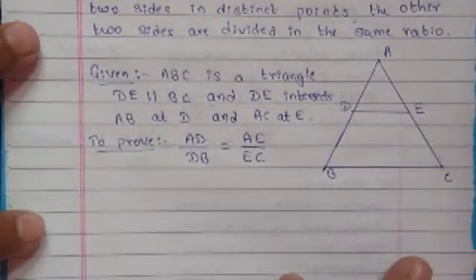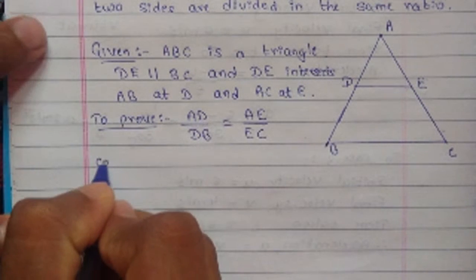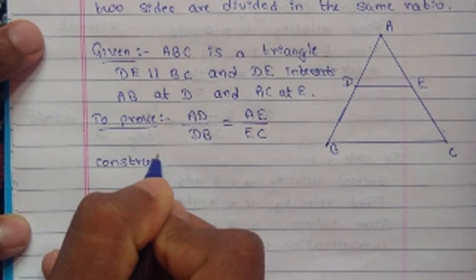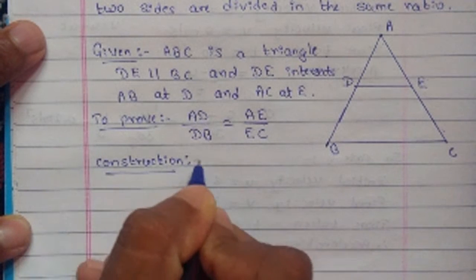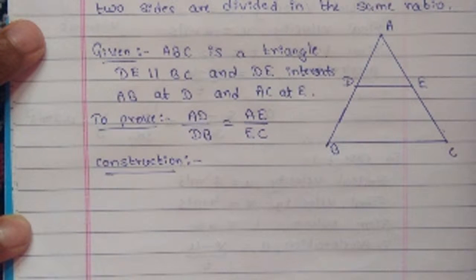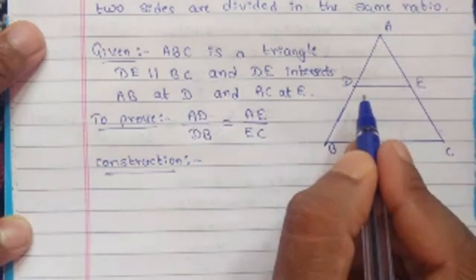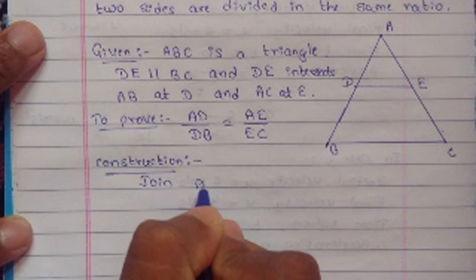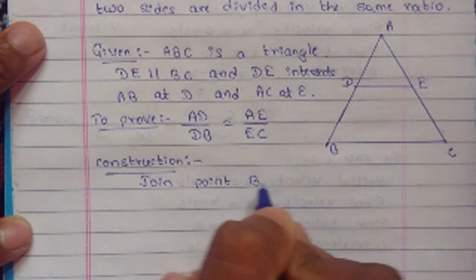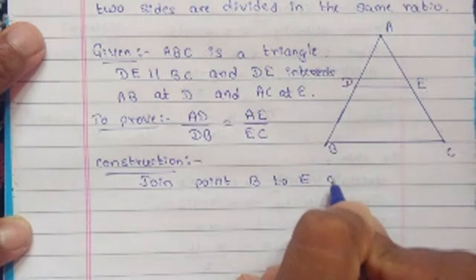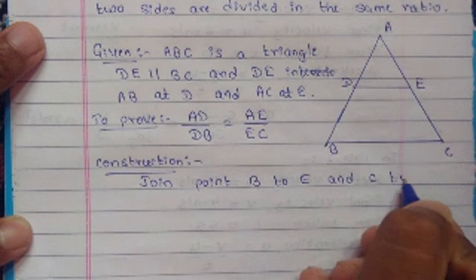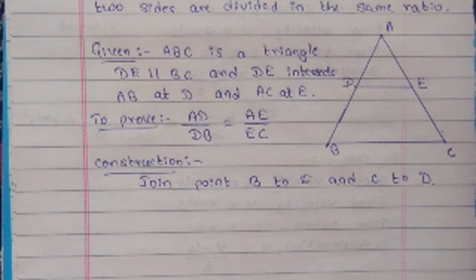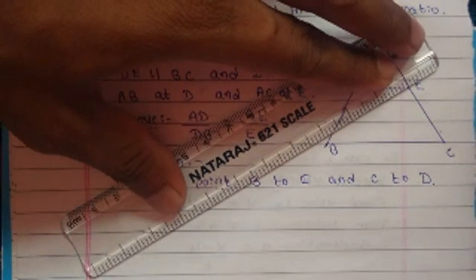So next part, construction. Join point B to E and C to D. So I will join the line with the help of a dotted line.